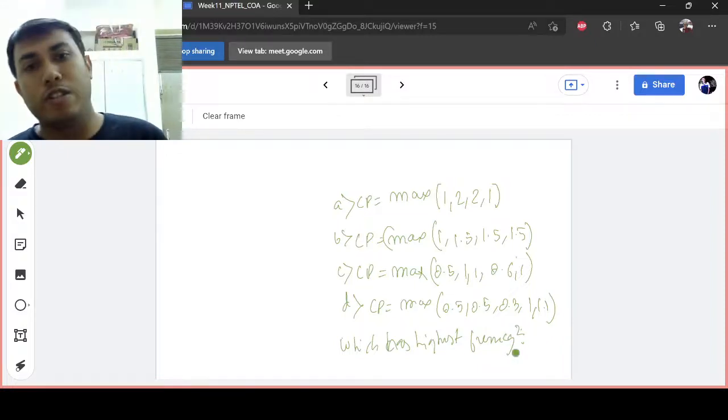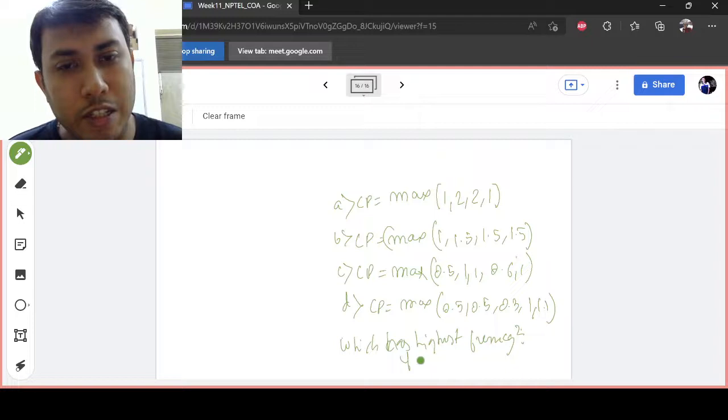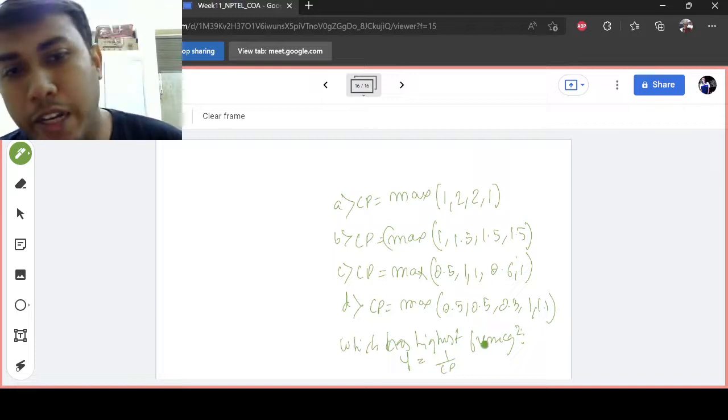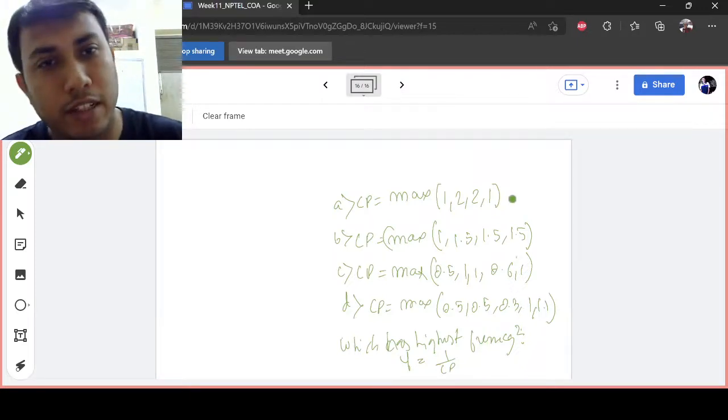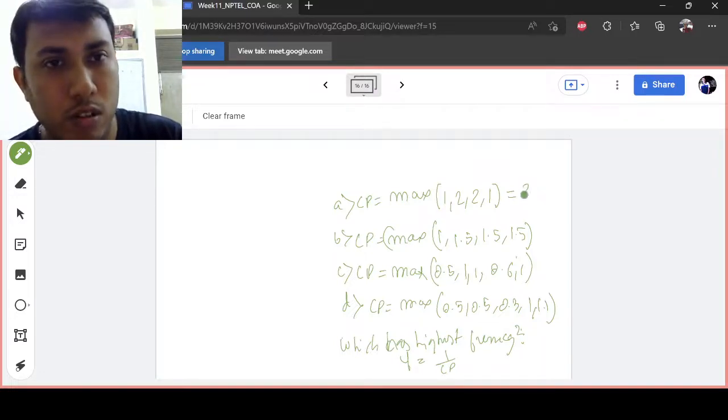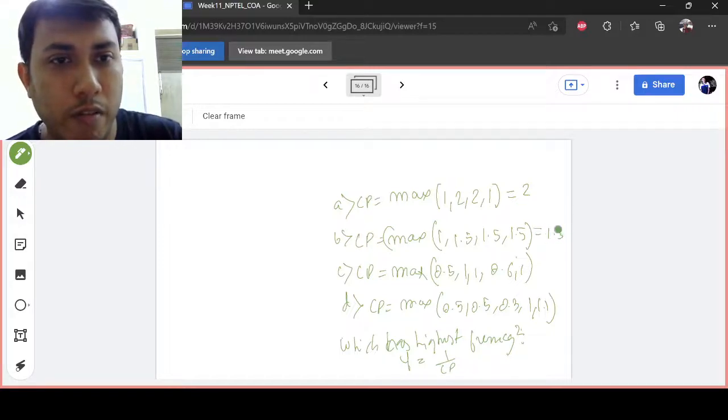So what is the concept? Frequency is equal to 1 by the clock period. So the one with the lowest clock period will have the highest frequency, right? What will be the clock period of this? Max of 1, 2, 2, 1, so that will be 2. What will be the clock period here? 1.5.